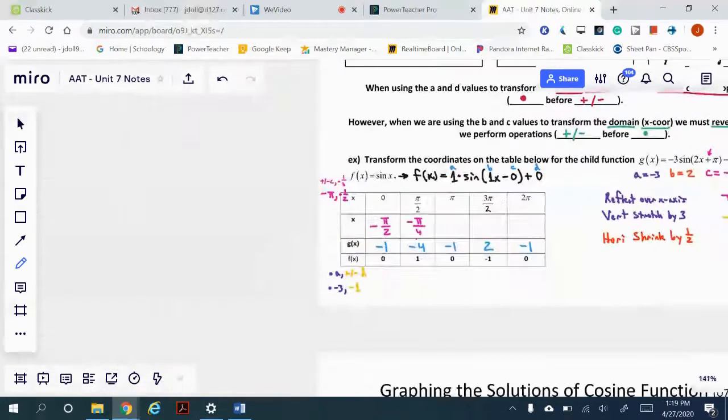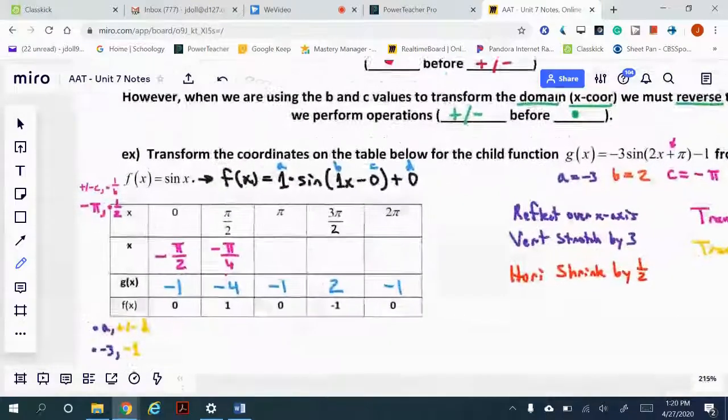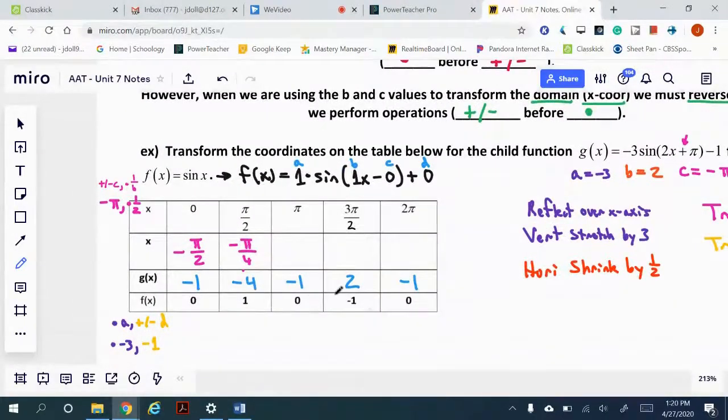And I'll tell you what I'll do. Outside of the video, I'll do the arithmetic off to the side. I just don't want to take time in the video to do that right now. Pi minus pi is 0, times anything is 0. 3 pi over 2 minus pi is +pi over 2, times 1/2 is pi over 4. And 2 pi minus pi is pi, times 1/2 is pi over 2.